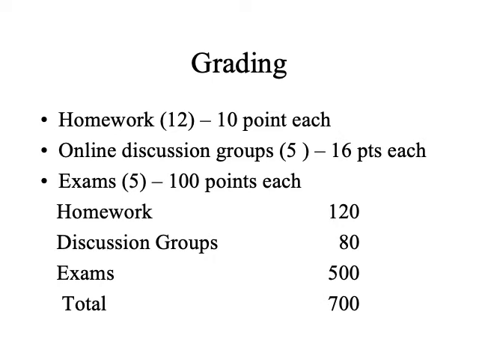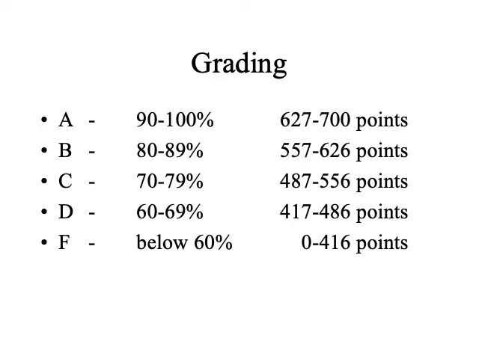There will in addition be a comprehensive final that you can use to replace one of those tests if you so desire at the end of the semester. So you're accumulating points. So you get to 627, you get an A. 557, B, etc., etc., etc.